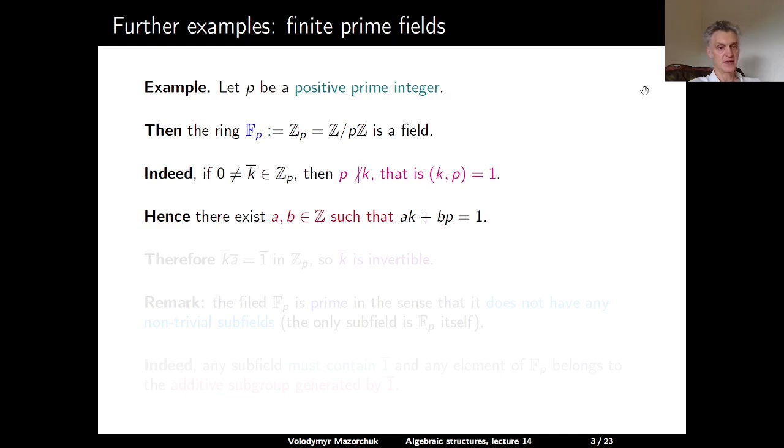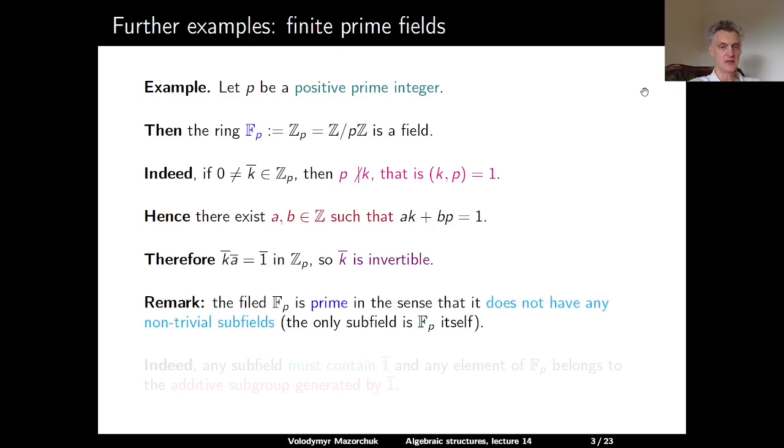And this means exactly that the class of k times the class of a is equal to the class of 1 in Z sub p. And this shows that the class of a is the inverse to the class of k, so the class of k is invertible. And this proves that Z sub p is indeed a field, because any non-zero element is invertible.